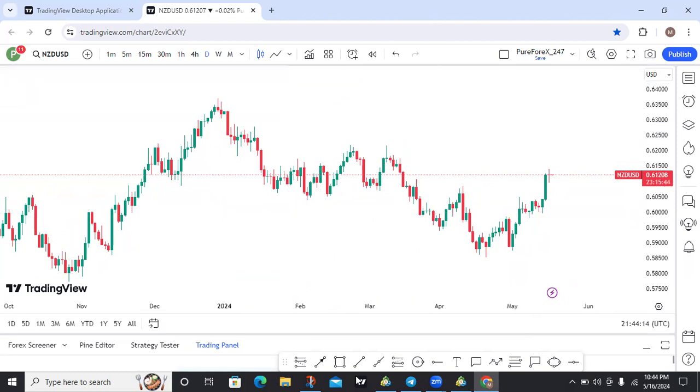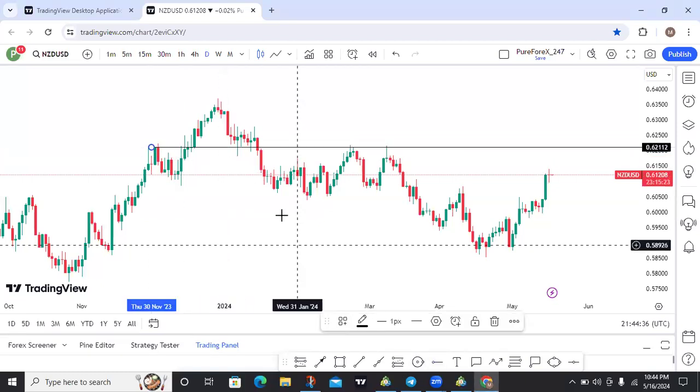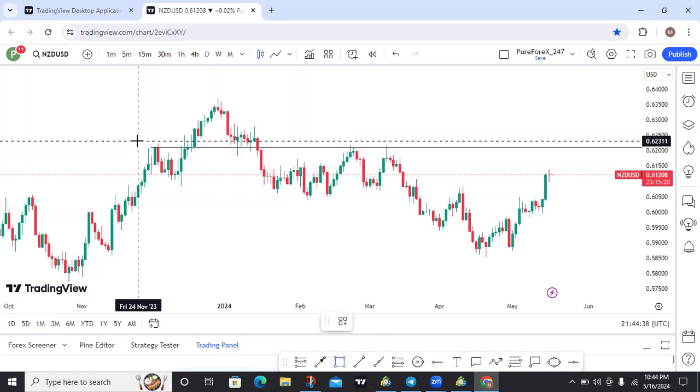We have a Quasimodo. When the market was dropping, this is a low, this is a high, higher high, lower low. And then we mark that high where the market was moving up like this.